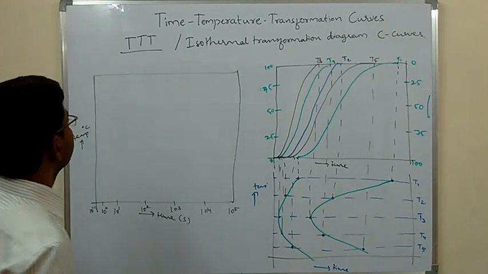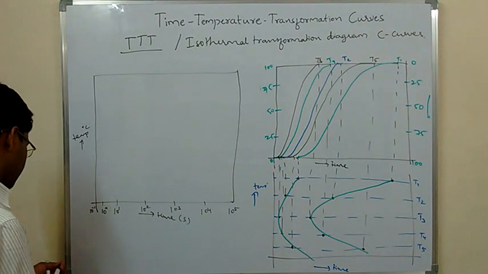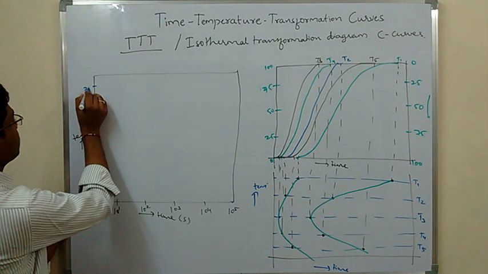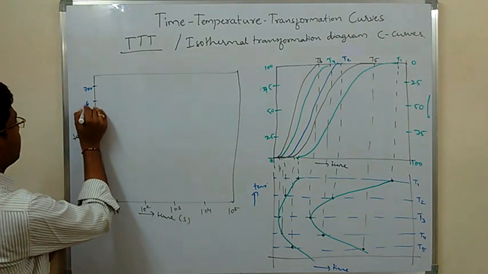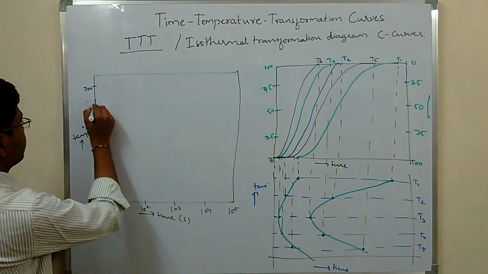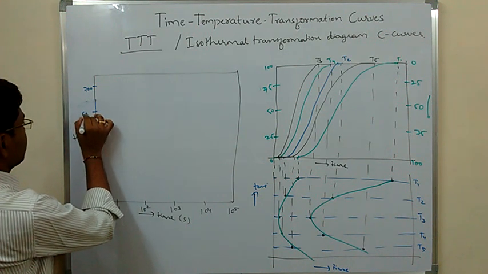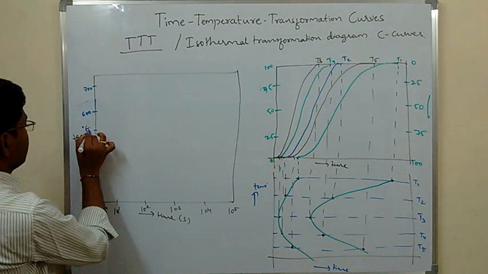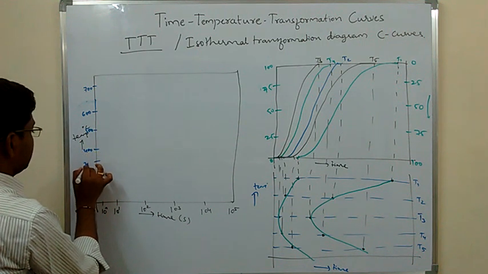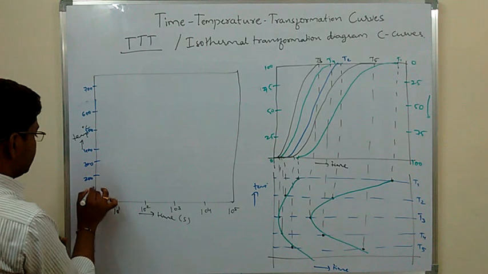And here temperature: 700, 600, 500, 400, 300. These are all temperatures.